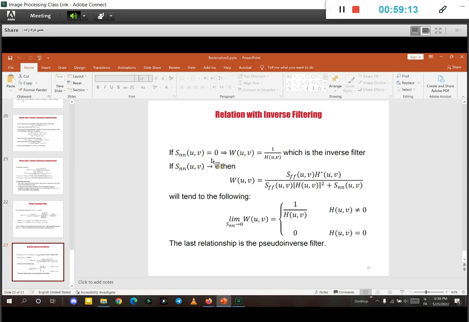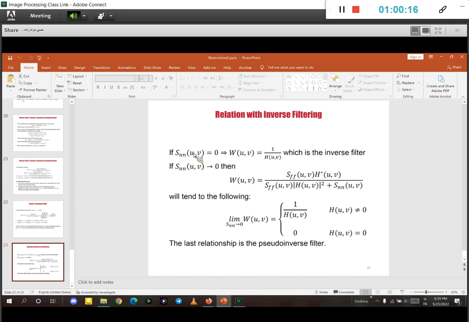If PSD of noise was 0, the Wiener filter W is H conjugate over PSD of input, H squared plus PSD of noise. If PSD of noise was 0, this item is 0 and is neglected, and H conjugate over H squared is 1 over H. If we didn't have any noise, PSD of noise was 0, a good reversing system is exactly the reverse of the degrading system, 1 over H, which is the inverse filter.